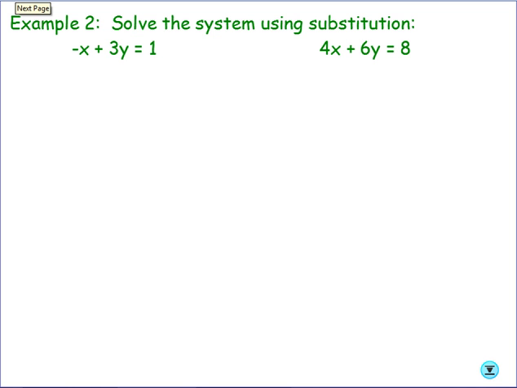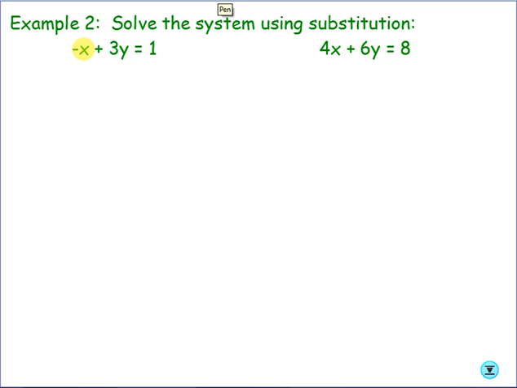We have 4 letters. First X, first Y, second X, second Y. We want to pick the one without a number in front. Well, the only one with no number in front is that X. Now, this is going to seem a little backwards to you guys. We want to get X by itself.